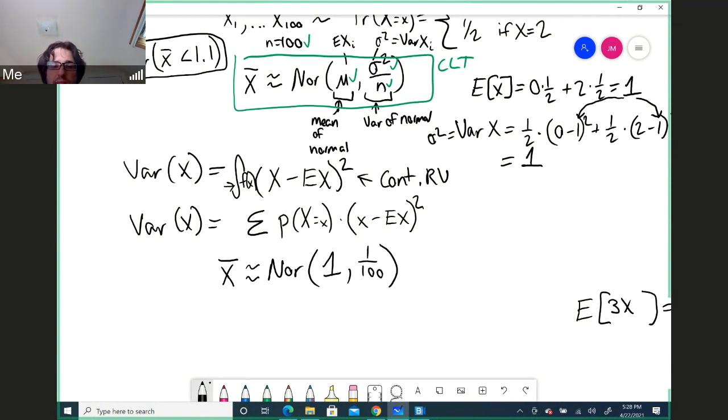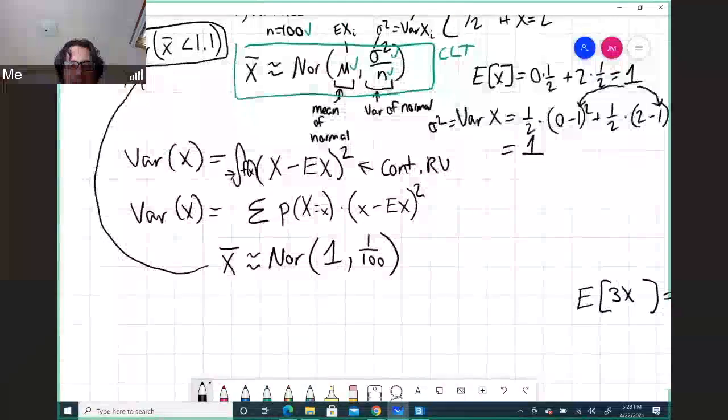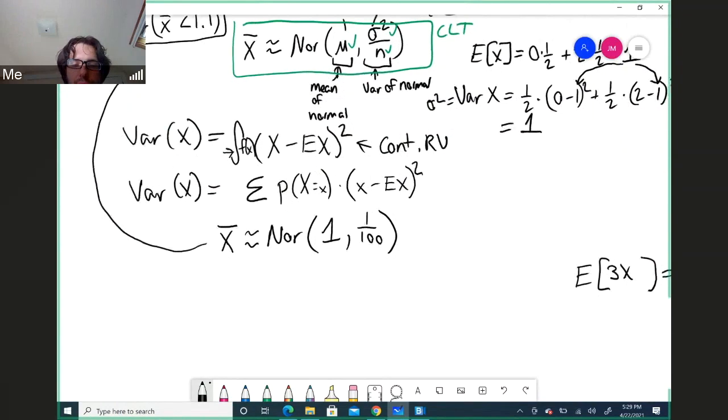So we know this, and now the final step is to use this information to find the probability that X bar is less than 1.1.